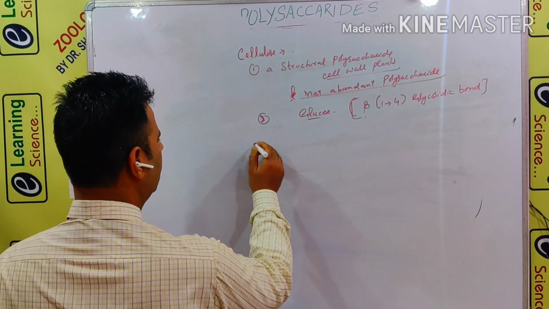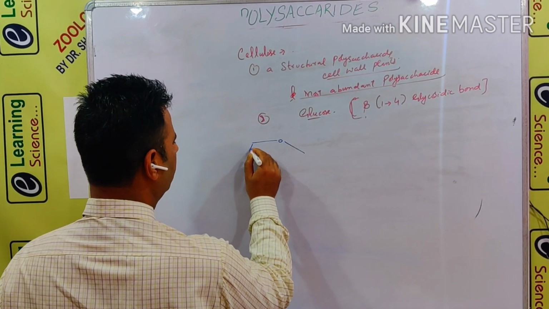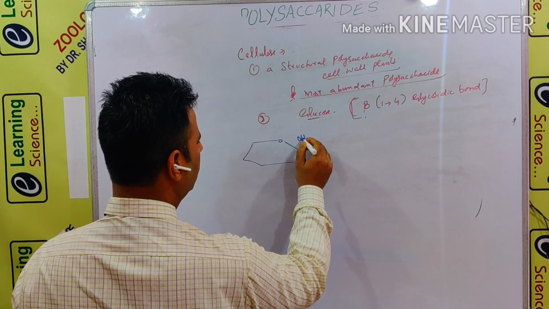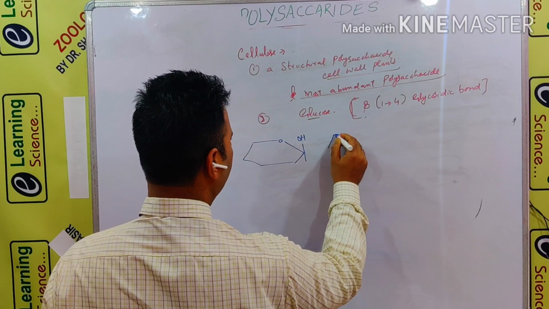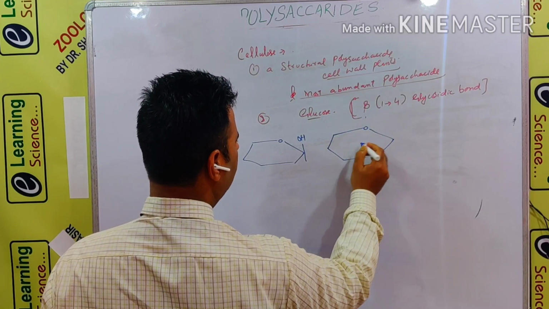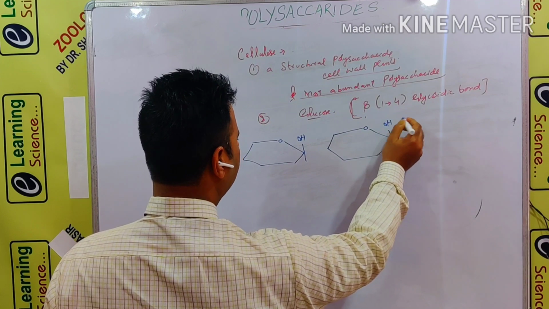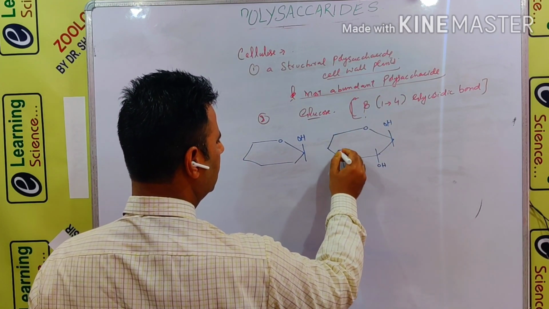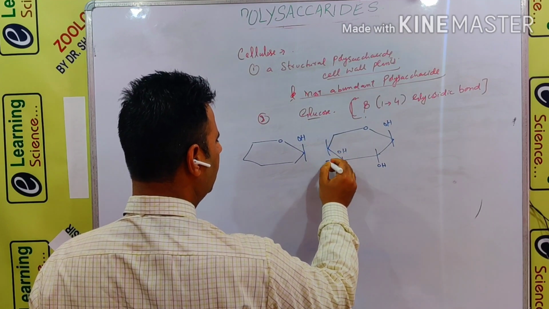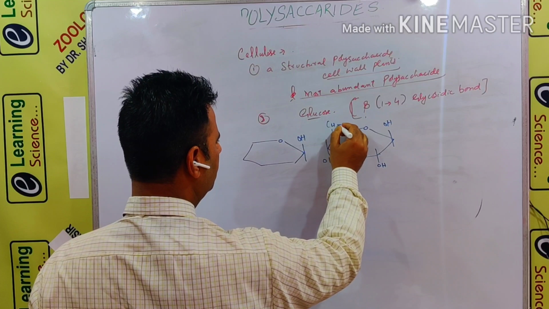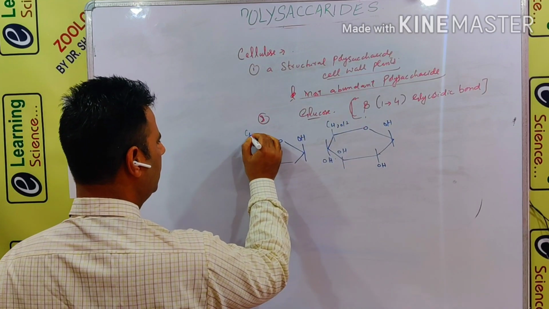If we check it here, suppose this is beta glucose, the OH will be on this side, and we have one more beta glucose. Again, the OH will be on the upper side, this way. And this is the continuum. Here is OH, this is OH, and here we have OH. This we have CH2OH and CH2OH here also.